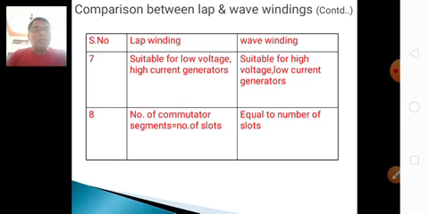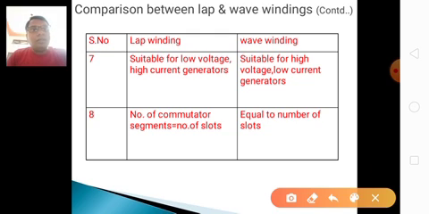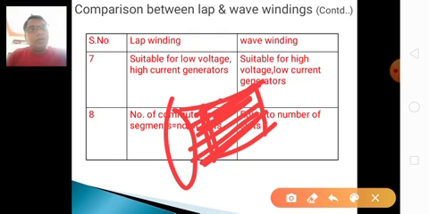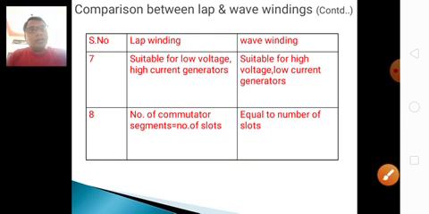Wave winding means high voltage, so EMF will be more, suitable for high voltage and low current generators. Here the number of commutator segments is equal to the number of slots. The commutator has segments like this, and the number of segments is equal to the number of slots in lap winding.